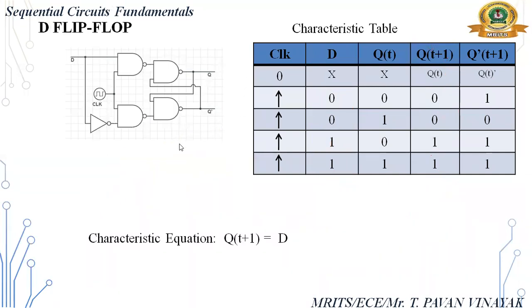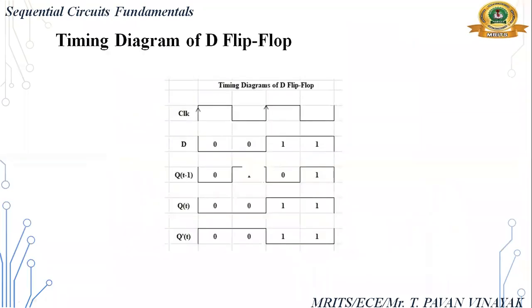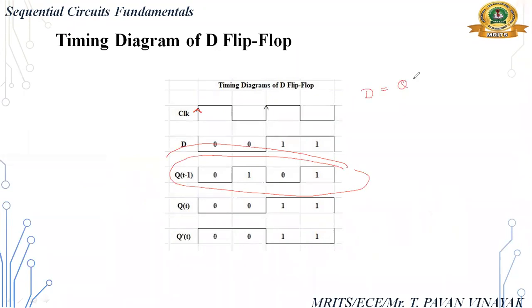Next, timing diagram. So whenever the clock pulse is activated, the D flip-flop is independent of the previous state, because the characteristic equation is Q of t plus 1 is D. So it is independent of this one.